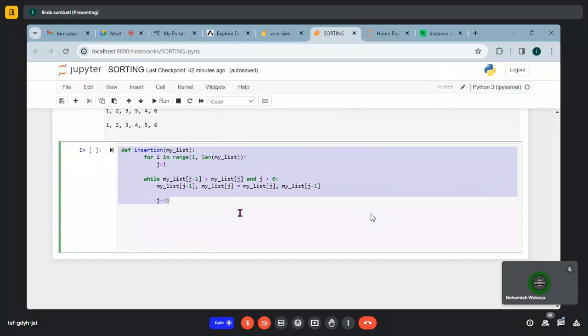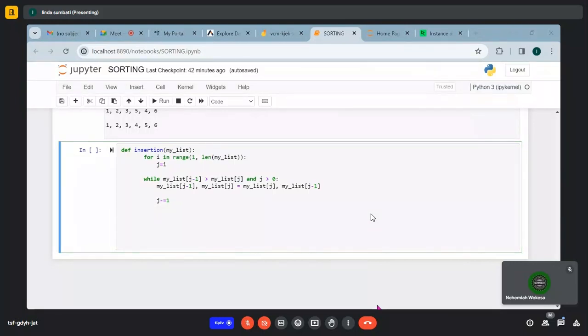The decrement decrements J to move to the previous position. And if it were plus, it would increment J to move to the next position, because then it would be moving to the right. But this time, we are moving to the left side as we sort.